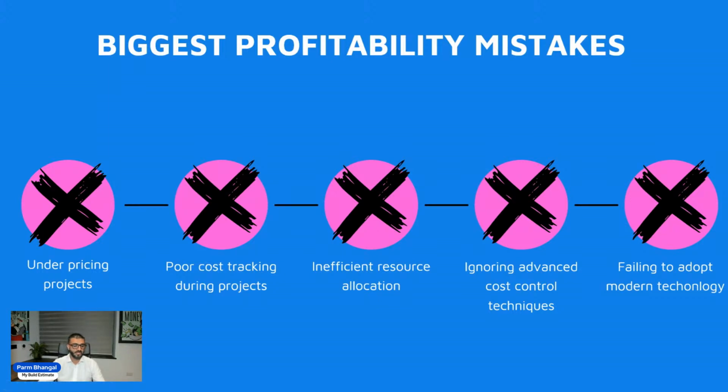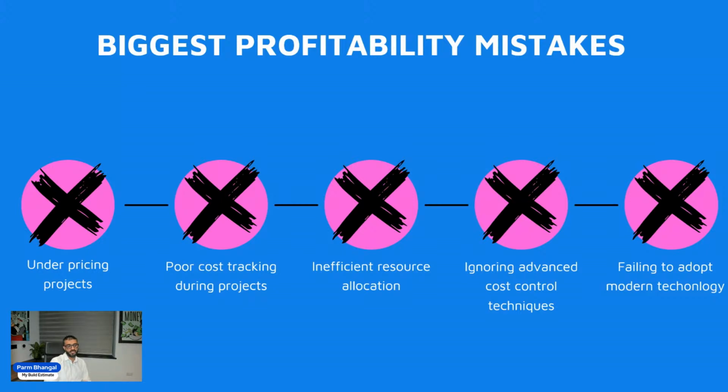The amount of contractors I see on a day-to-day basis doing an average cost per square meter, putting it into a client, hoping it goes well, not actually looking into the finer details of what's going on, is massive. When we look at the numbers of a project, we're always looking at them in whatever level of detail that is, from outlines to budgets to valuations, whatever level that might be at. But underpricing a project is going to be one of your biggest mistakes.